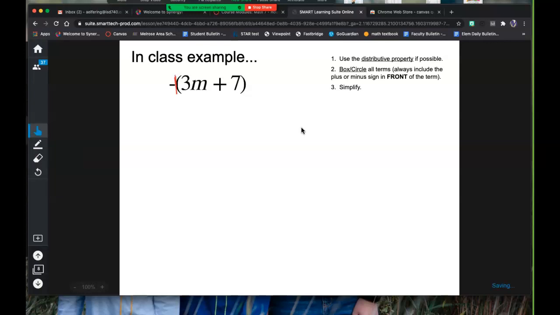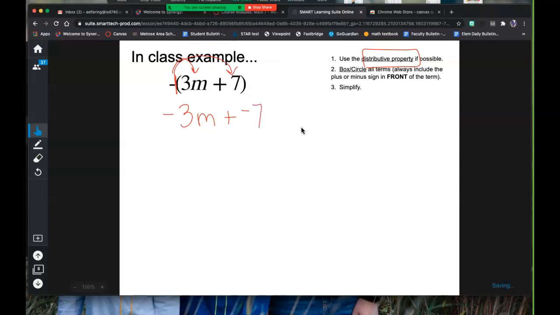So then I see parentheses and I'm going to use the distributive property. I'm going to distribute the -1 to the 3m. -1 times 3m is -3m. Plus, because there's a plus sign here, -1 times 7 is -7.